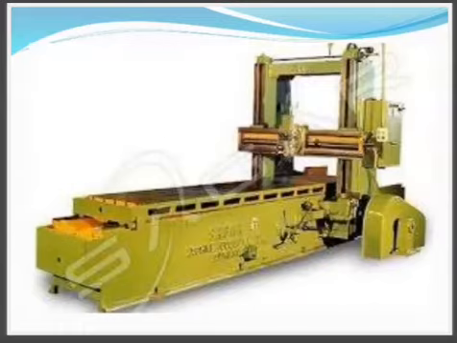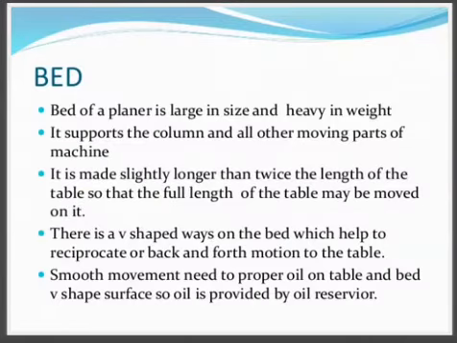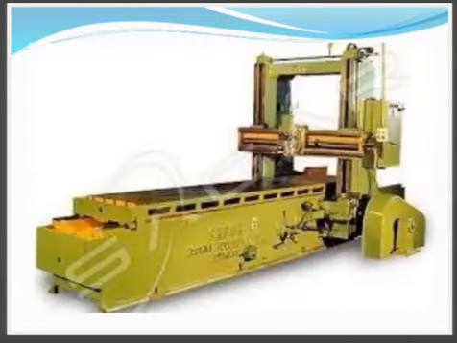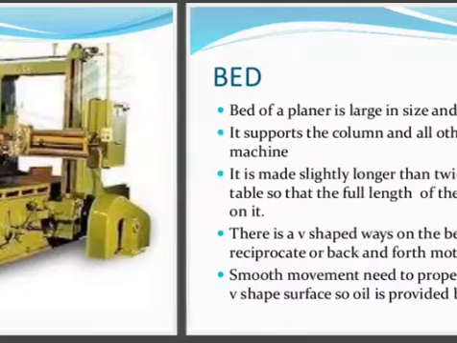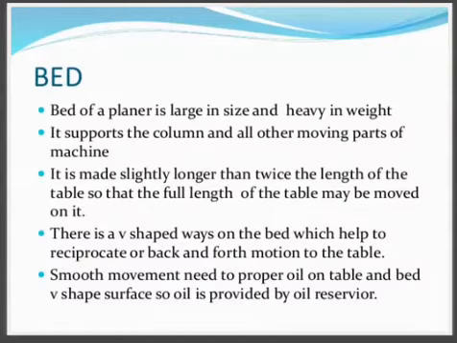Here, the bed of a planer machine. See here, the bed. It is very large in size and heavy in weight. It supports the column and all other moving parts of the machine. It is made slightly longer than twice the length of the table, so that the full length of the table may be moved on it.